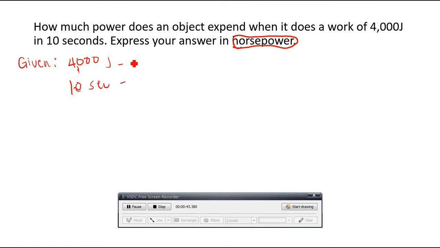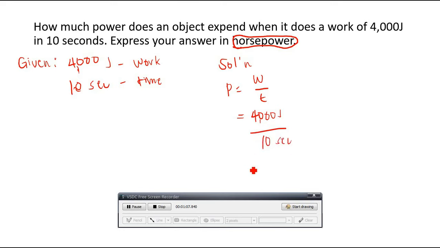This is your work and this is your time. For our solution, power is equal to work over time, which is 4,000 joules over 10 seconds, and you will get 400 watts. So that's the answer.